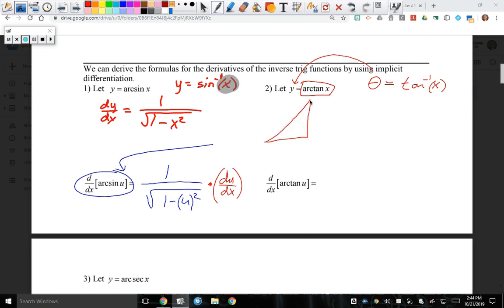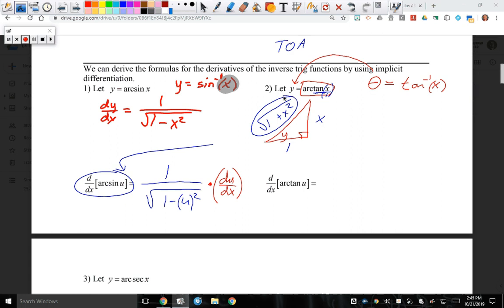I could, like last time in class, draw a reference triangle, and tangent is x over 1, and tangent is opposite over adjacent. So opposite is x, adjacent would be 1. And I use the Pythagorean theorem, a squared plus b squared, and then take the square root, is going to be c. Okay? And this right here will simplify just to the square root of 1 plus x squared. So we found the missing piece from our reference triangle.